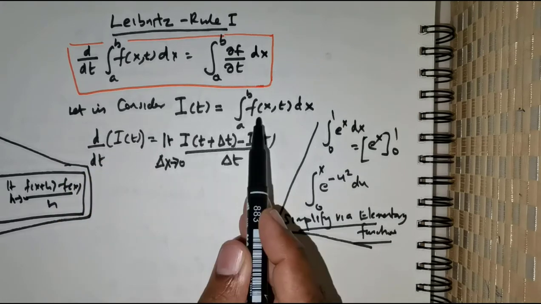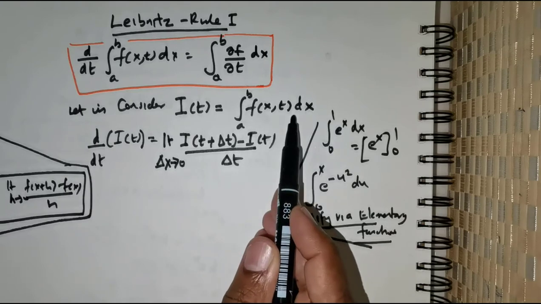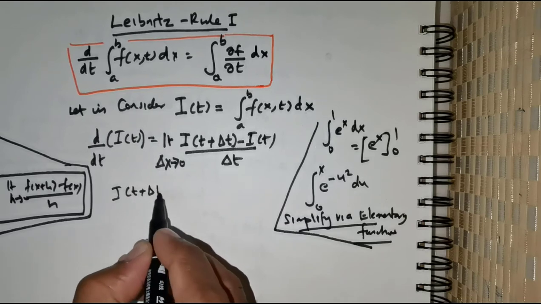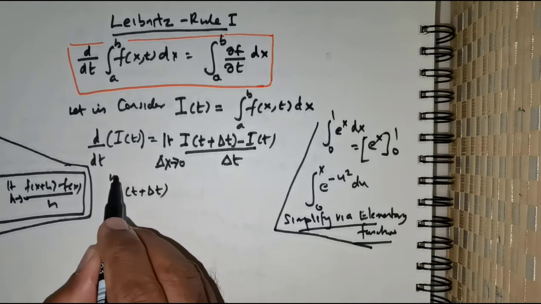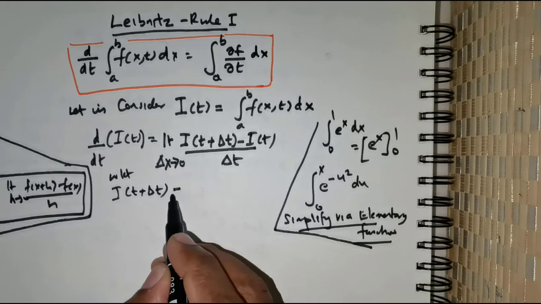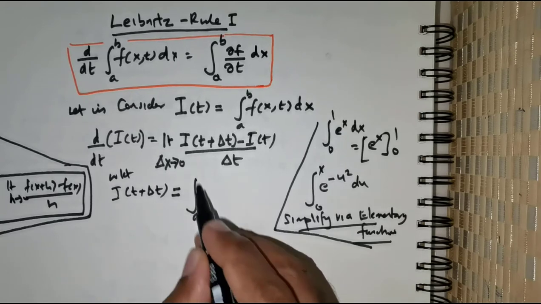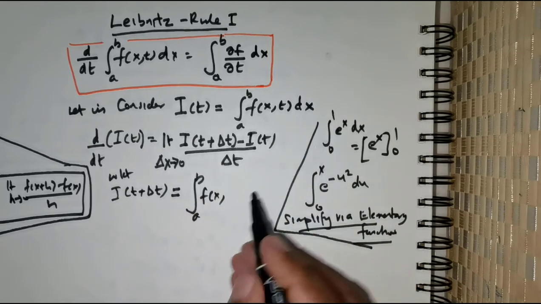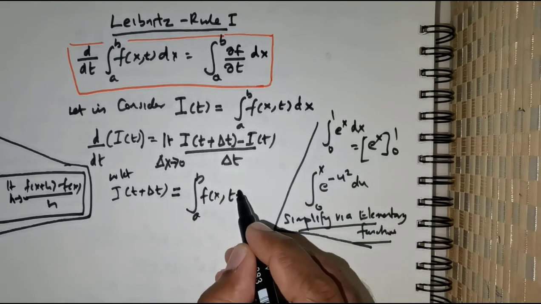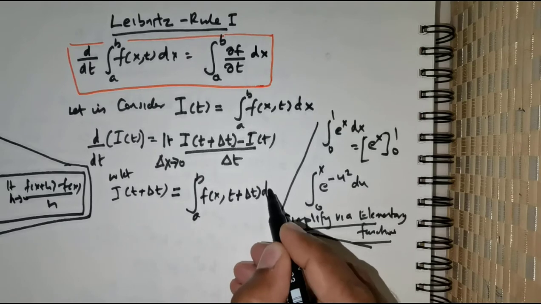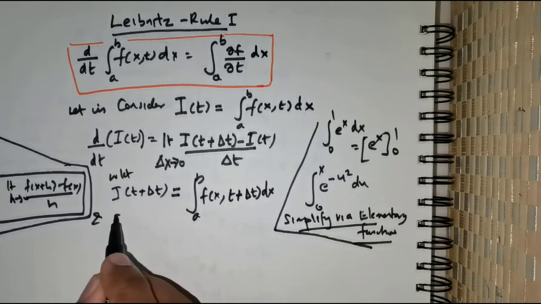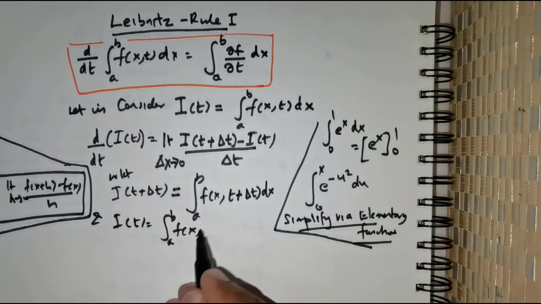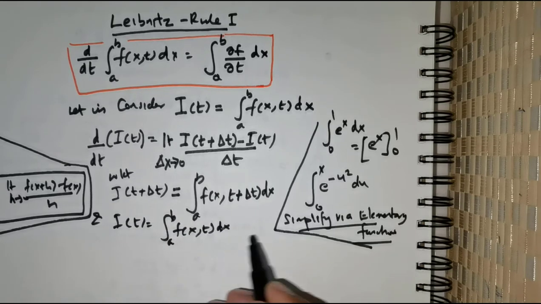Now I of t is the integral from a to b of f of x comma t dx. So what is I of t plus delta t? Let me write this down. We know that this is equal to the integral from a to b of f of x comma t plus delta t times dx, and I of t is the integral from a to b of f of x comma t times dx.